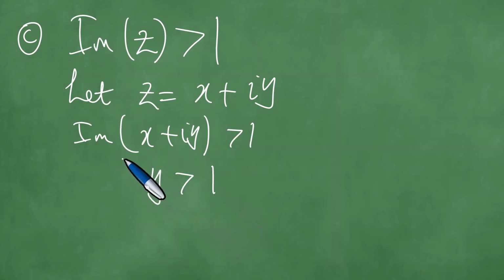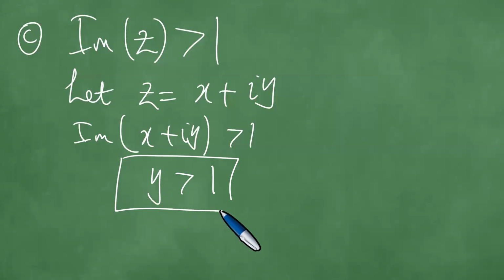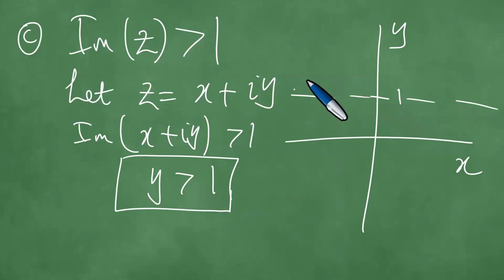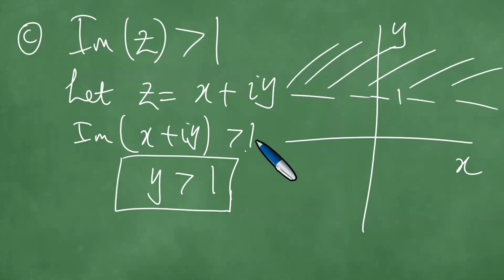How you draw the graph of these is very straightforward. So we're looking at Y equals 1, Y greater than 1. Okay, so this is what we get.